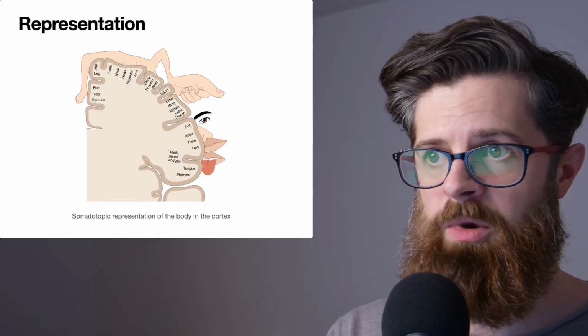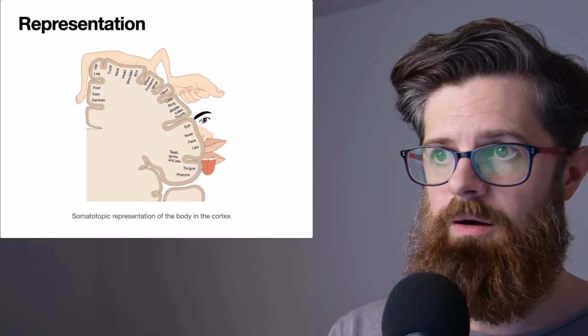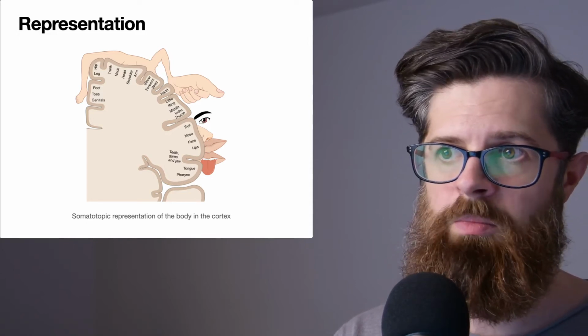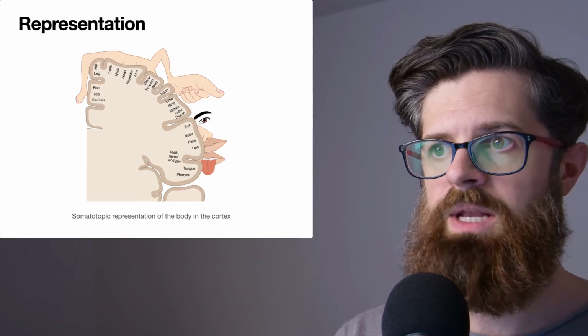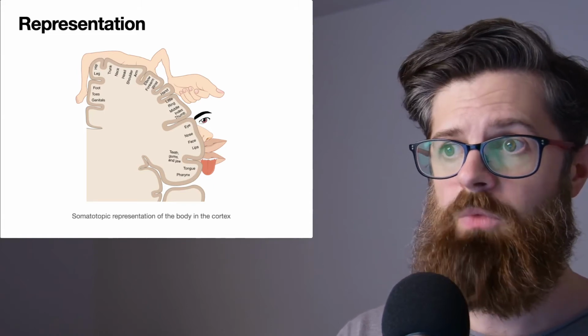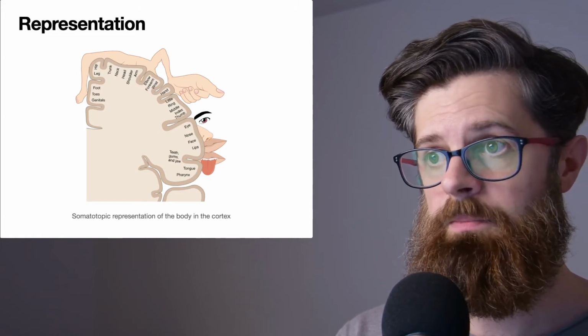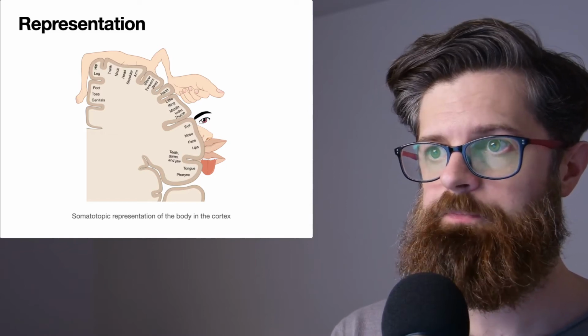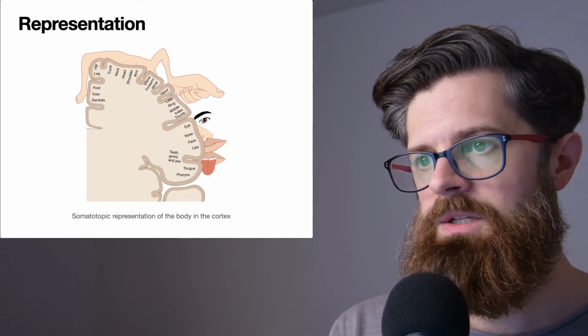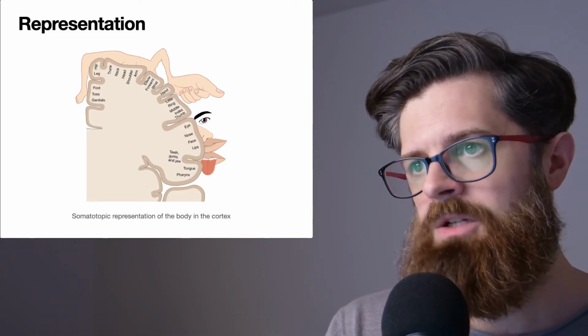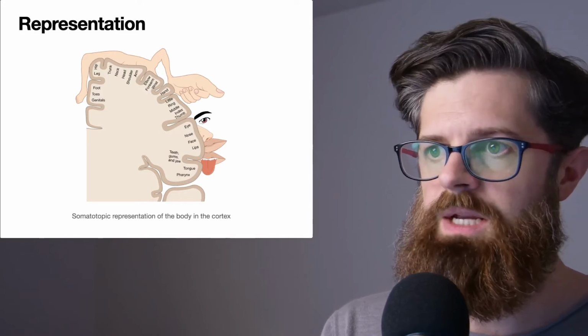It's called a topographic way, because nearby points upon your body are represented by nearby neurons in your cortex. So this is one example of a representation.